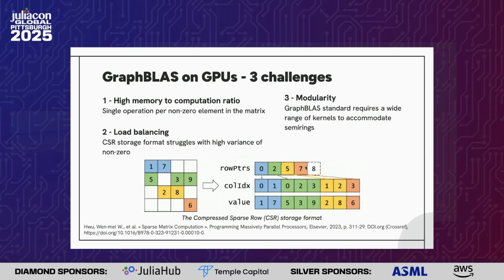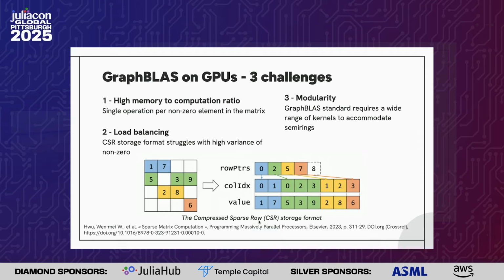And while we worked on this, we encountered a few challenges. The first one is that we have a very high memory to computation ratio. For those not familiar, GPUs have very large computing capacity with thousands of parallel threads. However, they all share the same memory. And when working with sparse matrix vector multiplication, every number that we read from memory in the matrix is only going to be used once in the multiplication.